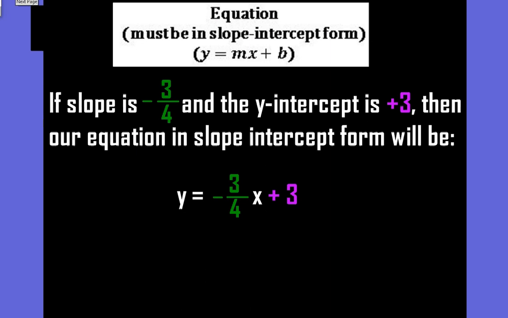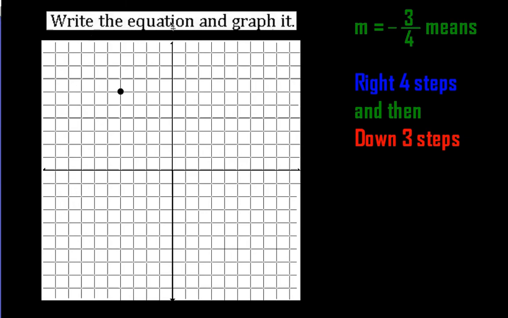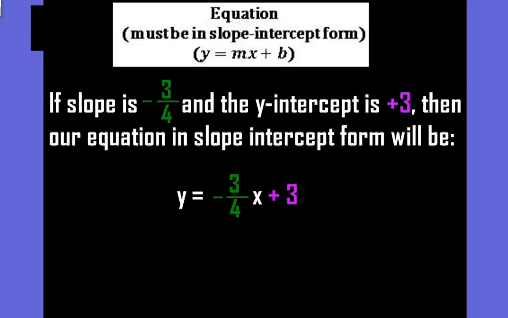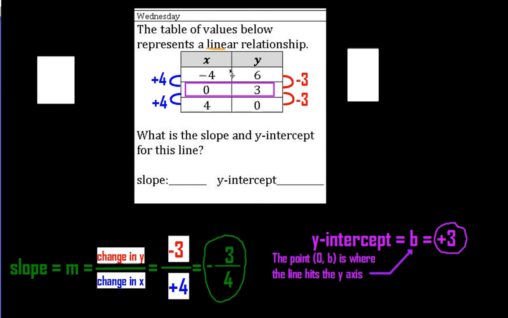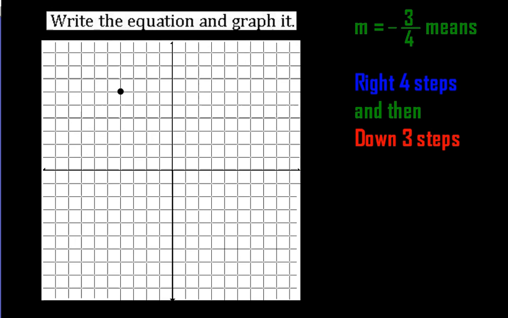And then lastly, it says to write the equation and graph it. So if I'm starting with this point, which is that first ordered pair right here, I should be able to go 4 steps to the right and then 3 steps down to get to my next point. This is building that staircase.